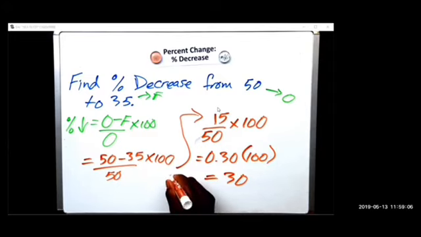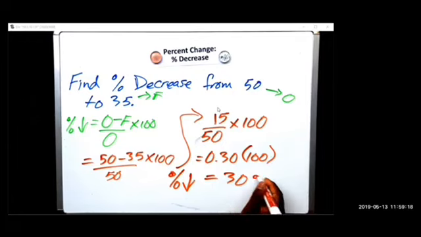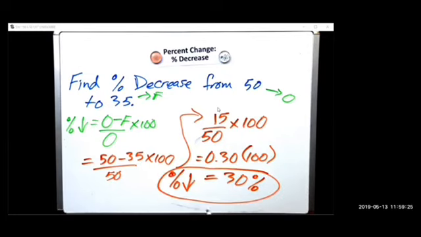But remember, you were finding the percent decrease in this case. So it was a 30% decrease. Now, some people just like to write 30% and then the word decrease instead of using the arrow. Whatever works for you that builds your understanding. Okay. All right.